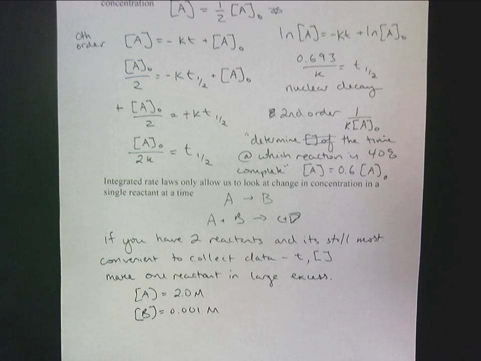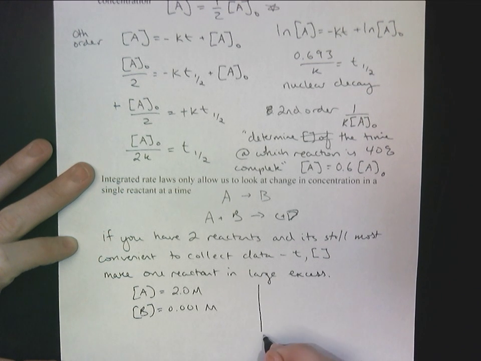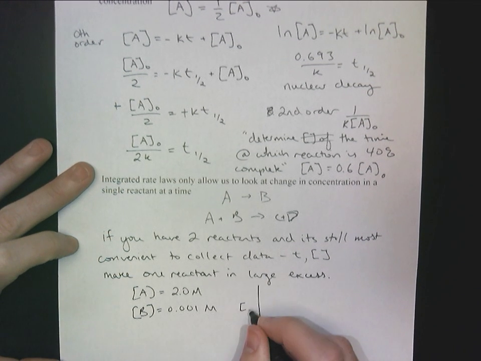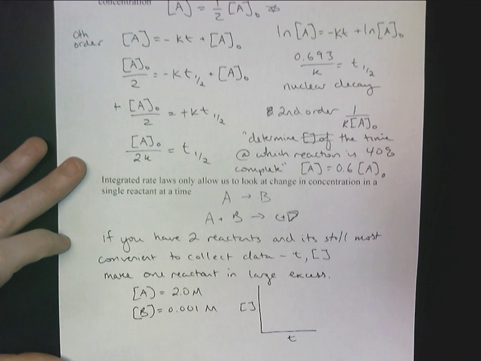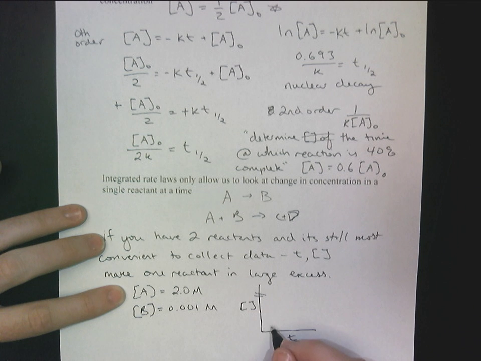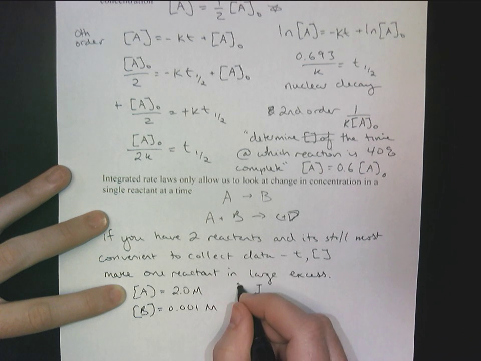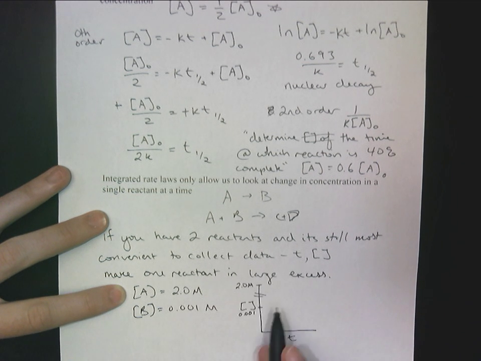Why does that help us? Well, it means that if we're looking at the change in concentrations over time, and let's say we have a break in the graph right here, so let's say this is where 0.001 is the initial concentration of B, and let's say kind of up here is where 2.0 molar is.